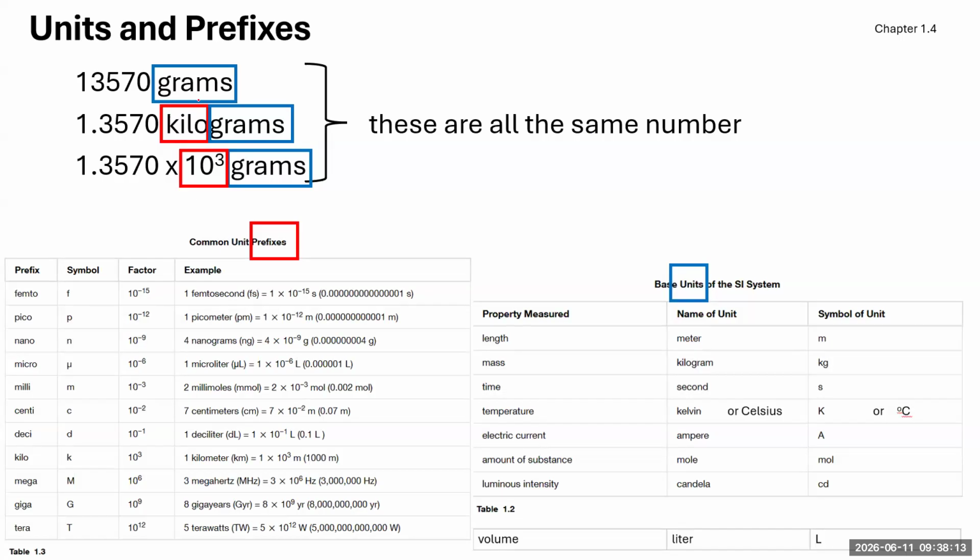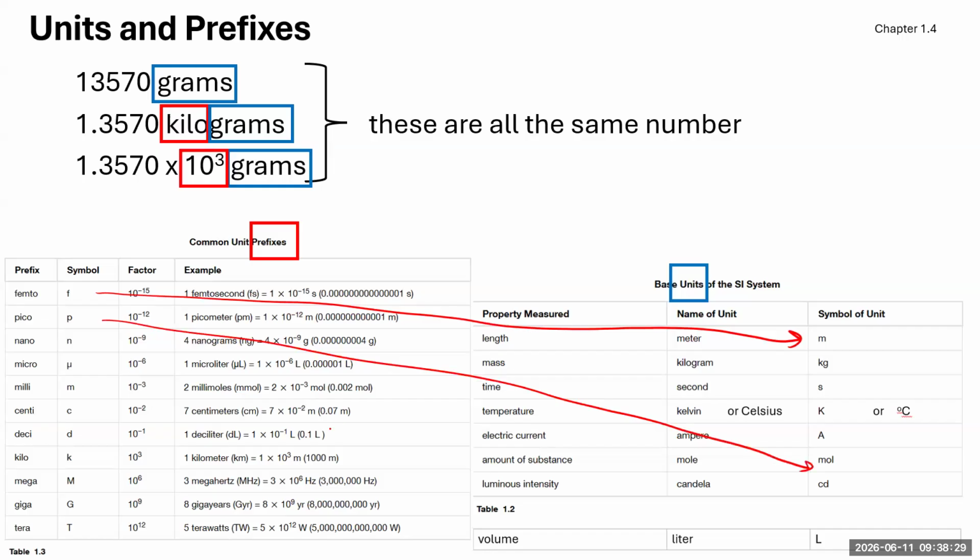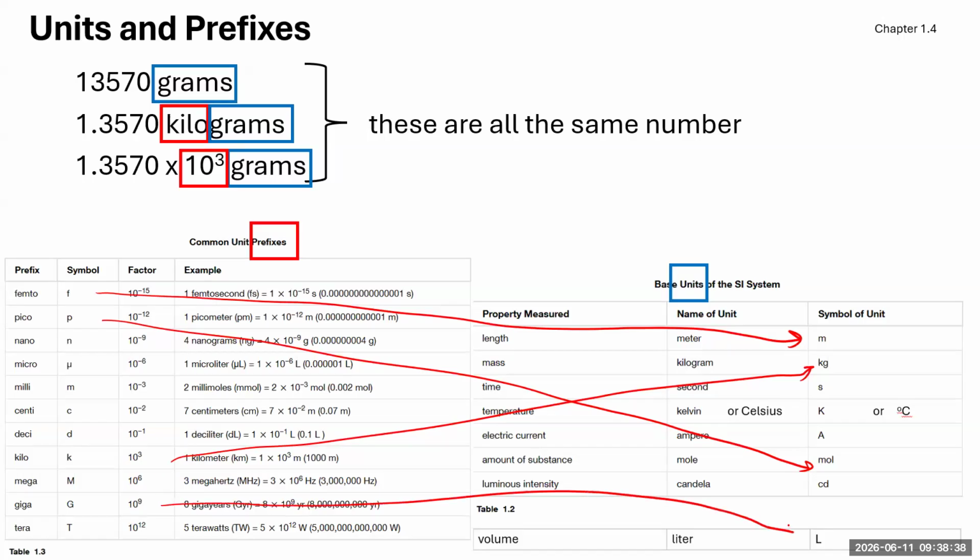Again, see these prefixes in red, units in blue. So again, any prefix can be used with any unit. So we could say femtometer or picomole, or kilo, well, this already has it, kilogram, or gigaliter, right?